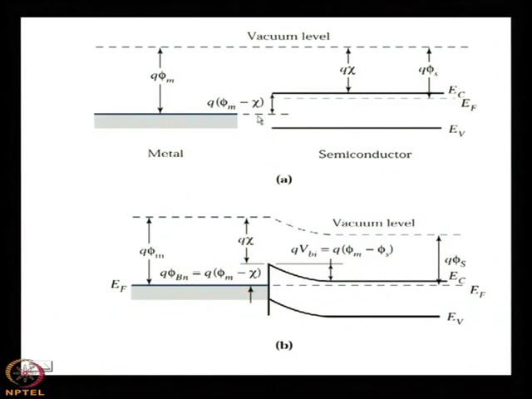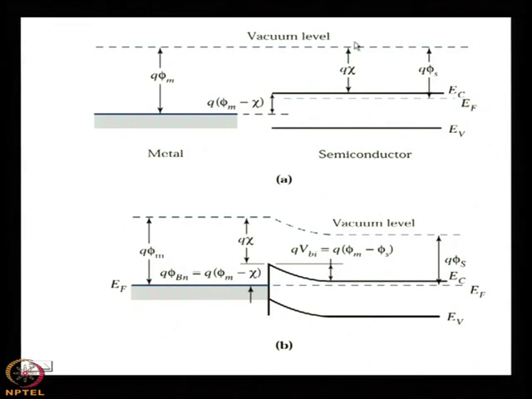Another important parameter is chi. This chi is known as the electron affinity. It is the energy required to excite an electron from the conduction band edge of the semiconductor to the vacuum level.